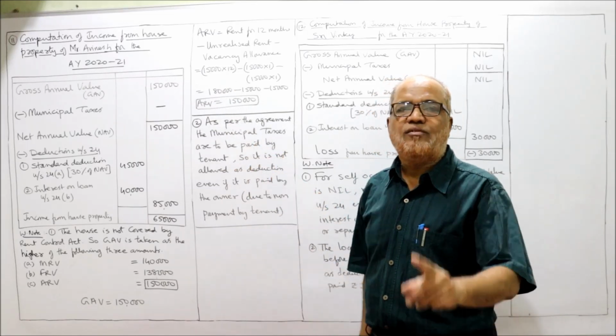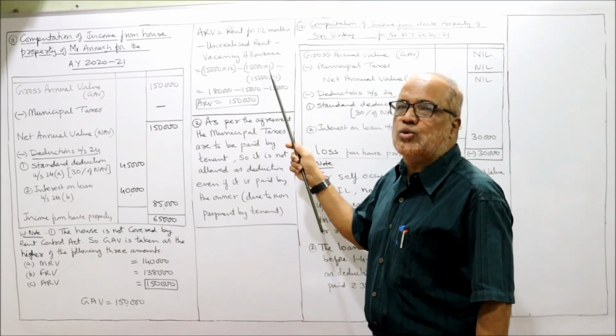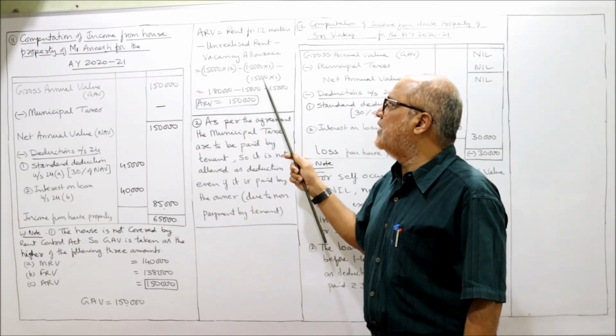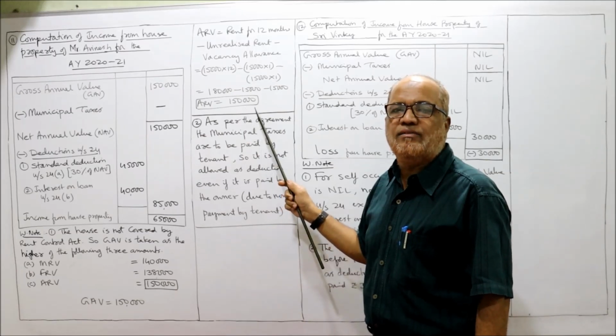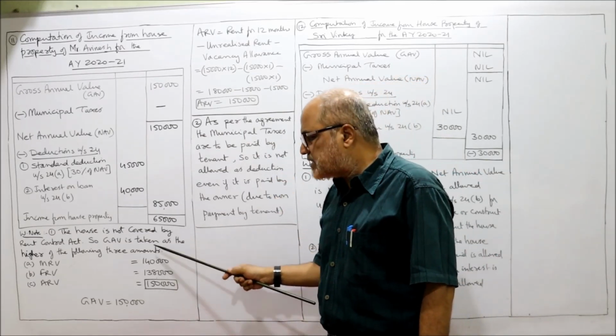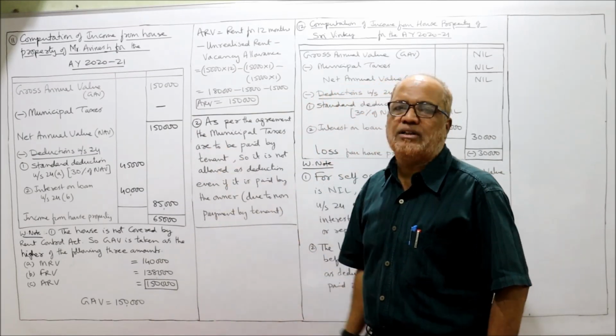From this we deduct 1 month rent for unrealized rent, 15,000 into 1, 15,000. 1 month vacancy allowance, so 15,000 into 1 month vacancy. So actual rent received ARV is 1,50,000. So higher of these three is the GAV. So gross annual value is 1,50,000.